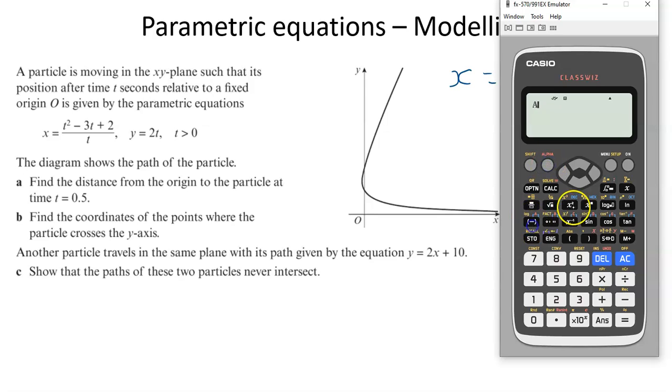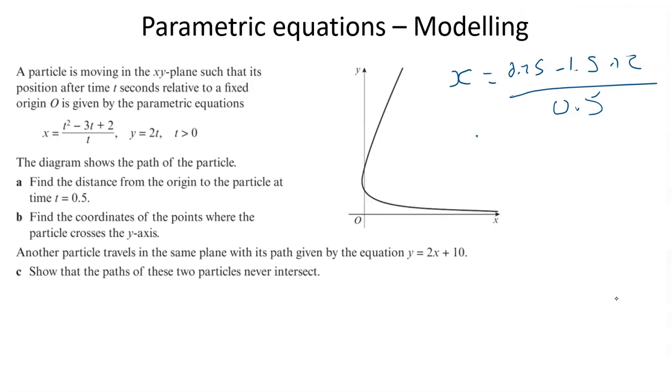So a squared minus 3a plus 2 all over a, and this gives me an x value of 3 over 2.